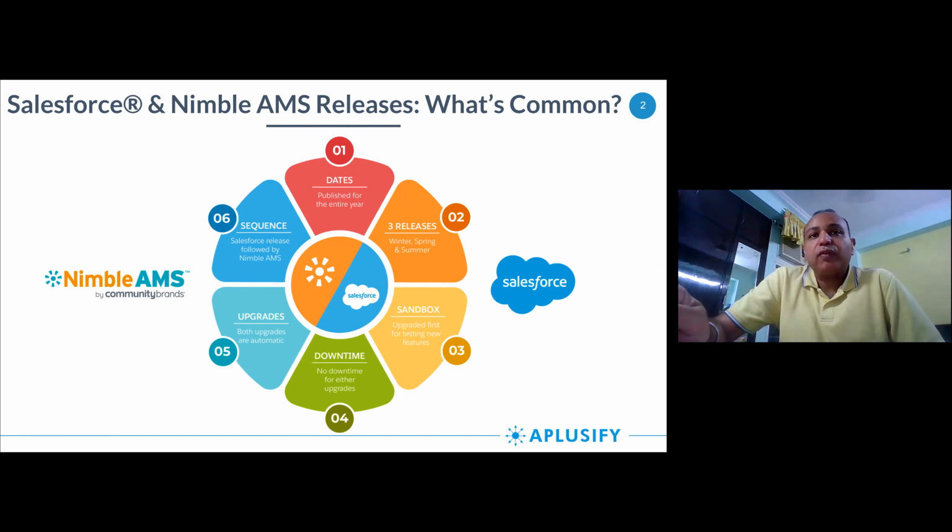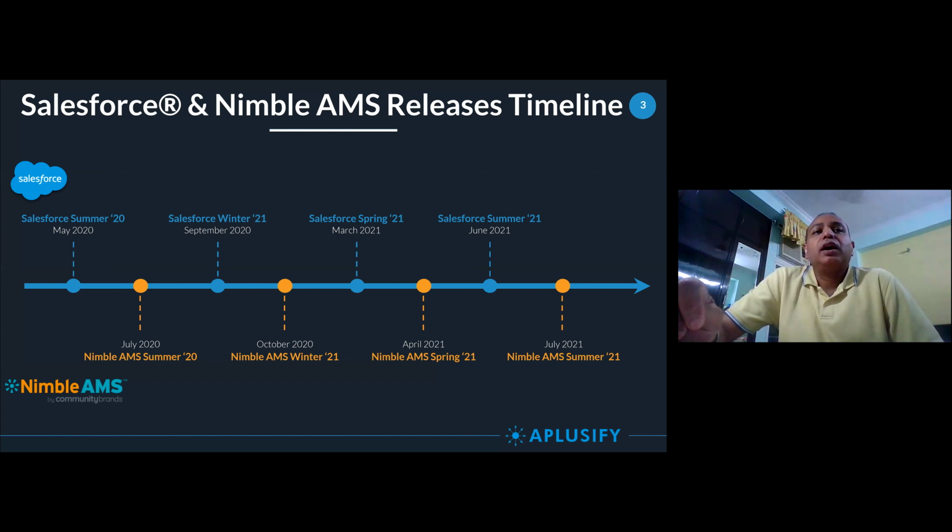Moving forward, as I told you, Nimble AMS follows the Salesforce release upgrade. You can see examples of that; we have provided it in a timeline. If you see the Salesforce Summer 20 release, these are the production dates we are talking about.